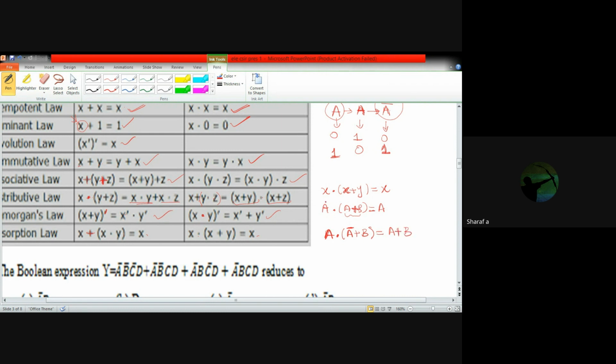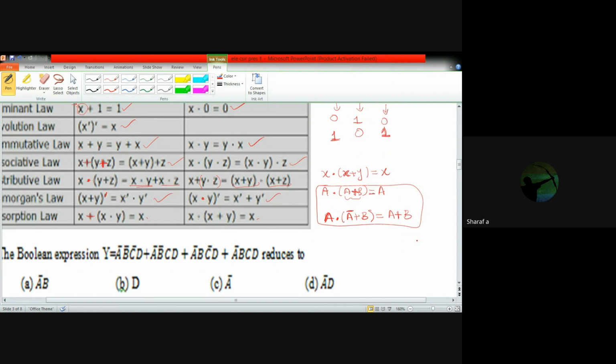These two are very important. Keep that in mind. A dot (A plus B) will be equal to A. A dot (A bar plus B) will be equal to A plus B. You can also expand this and find out whether it is working or not. Now these are the important theorems or laws.